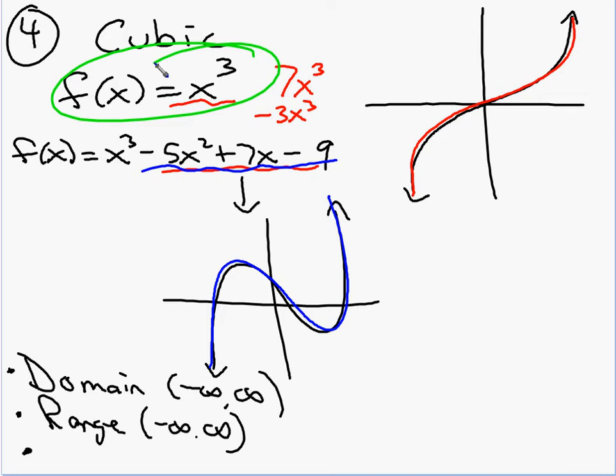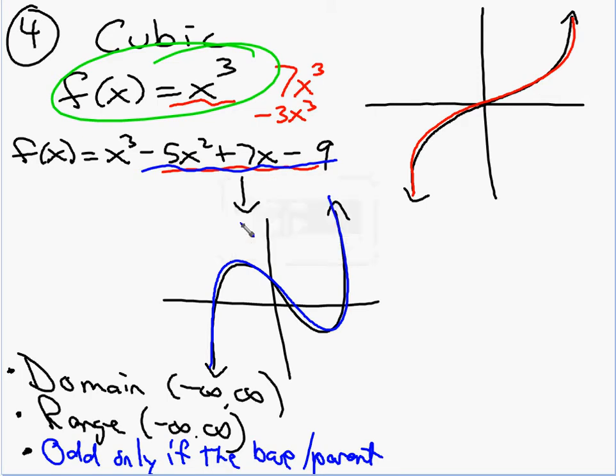So we would say it is odd only if it is the base or parent function, or we can say it goes through the origin. This form right here could be odd if it goes through the origin.